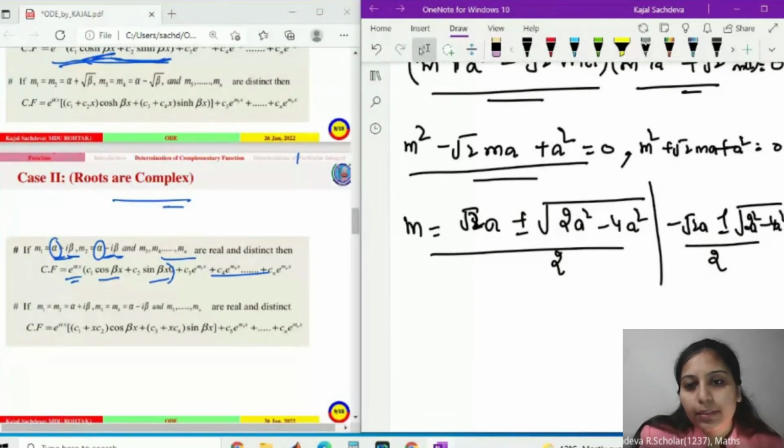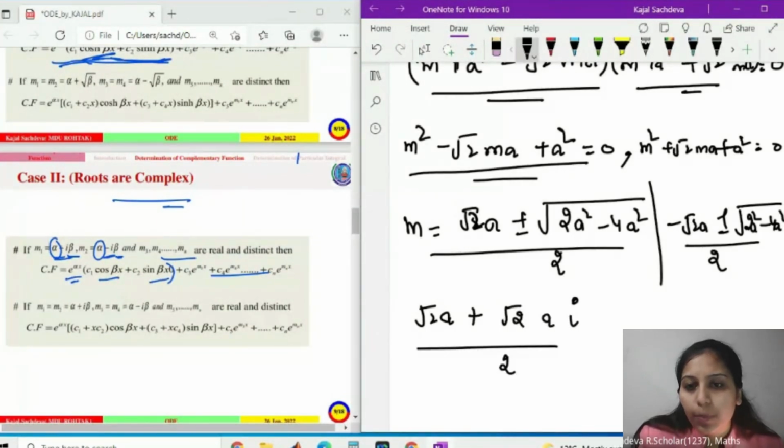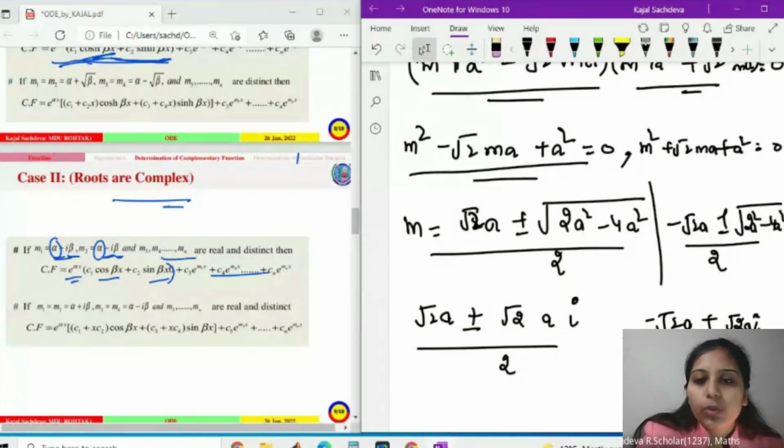So here we get the first roots as root 2a plus minus root 2a iota upon 2, and from here minus root 2a plus minus root 2a iota upon 2.